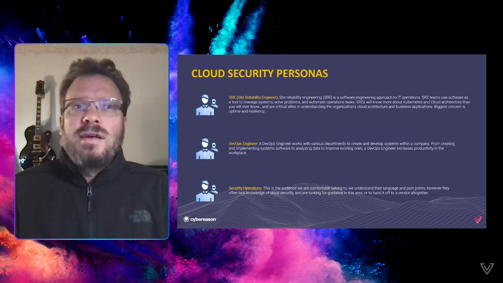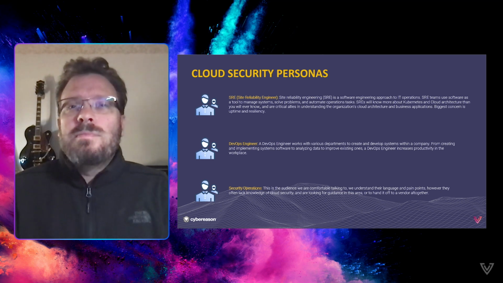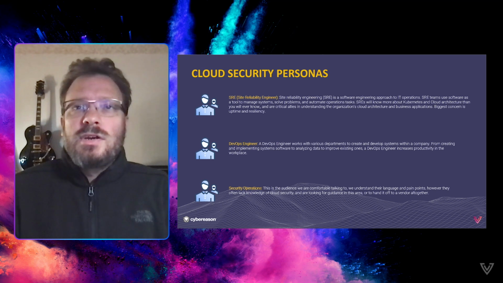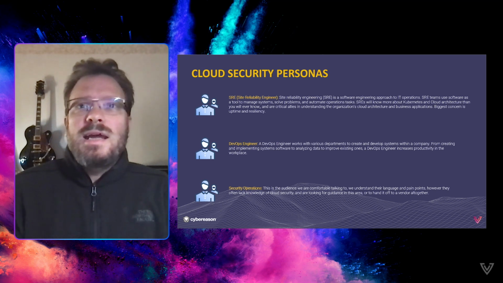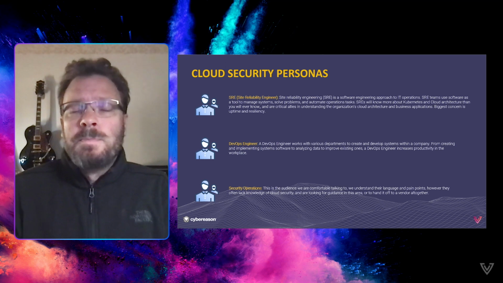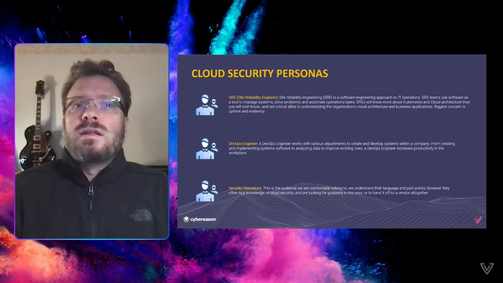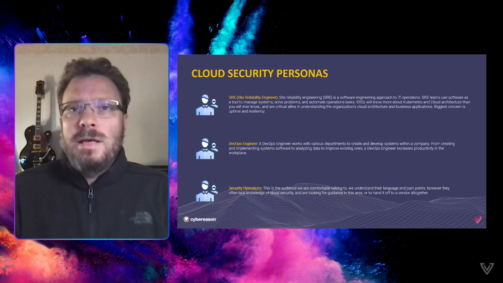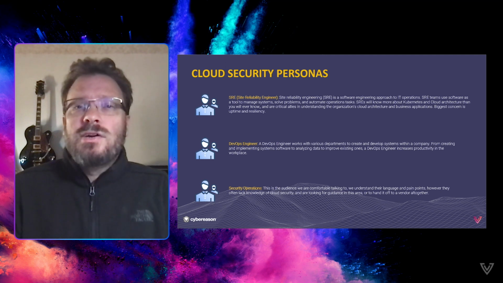On the DevOps and SRE side, they often have deadlines, they have SLAs they have to meet. And so when the security guy comes along and tells them that, hey, we have a vulnerability in an image we need to go through and fix, we need to slow down our development process, this can be a bit of a challenge. But on the flip side as well, a lot of times the security operators, the people that are trained in security, they may not understand all of the DevOps processes.